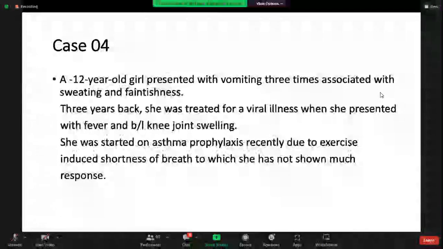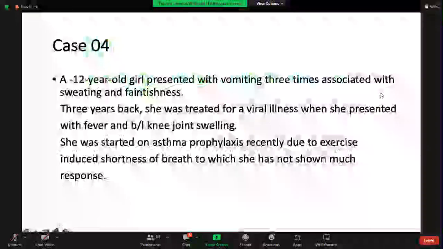So how would you manage? So this is the management of rheumatic carditis leading to heart failure. So what are the management strategies?